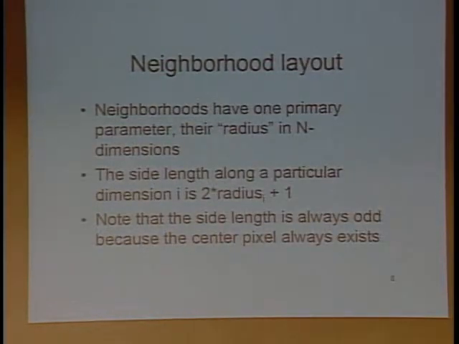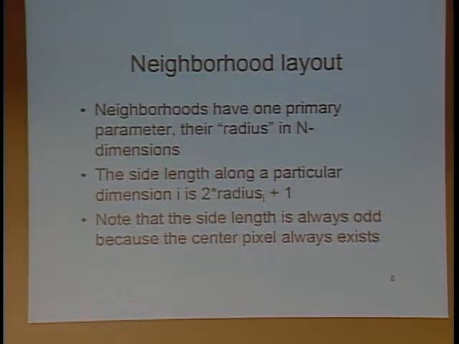Like I said before, you need to specify the size of the neighborhood. In ITK, for the rectangular neighborhood, it's defined by a parameter called radius. Radius is a one-dimensional vector. I mean, each component of the radius stores the extent of the neighborhood in pixels along the corresponding dimension.